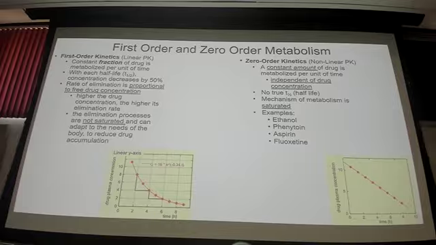First order kinetic drugs, which is what most drugs follow, do have a true half-life, and in this metabolism the enzyme systems are not being saturated. And so, as was mentioned earlier, ethanol is an example of zero order kinetics, in addition to aspirin, phenytoin, and fluoxetine.